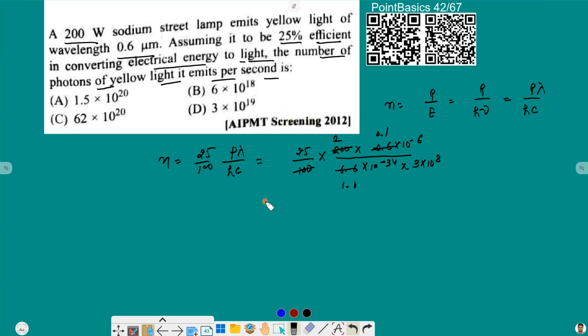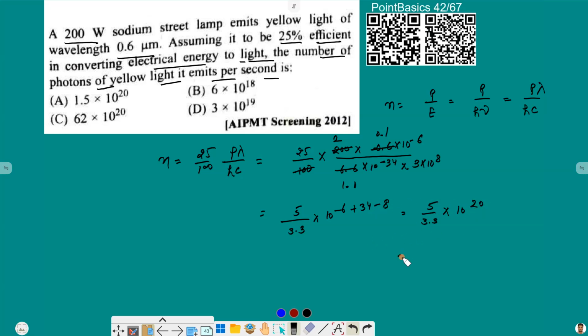And so this can be written as 25 into 2, that will be 50, into 0.1, that will be 5, divided by 1.1 into 3, that is 3.3, into 10 raised to power minus 6 plus 34 minus 8. So 5 into 3.3 into 10 raised to power 20 basically.